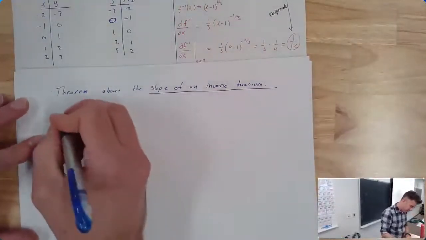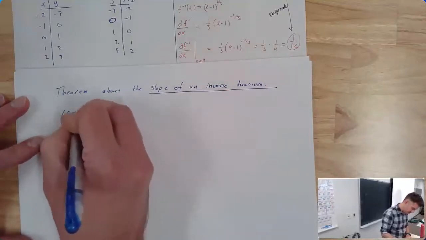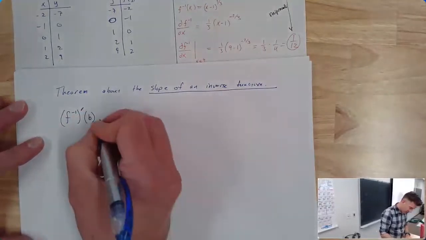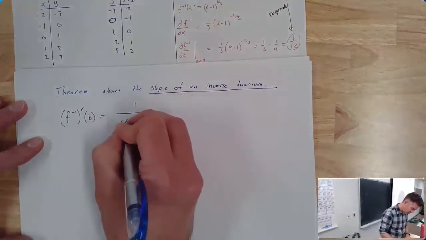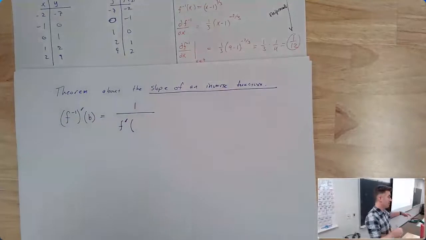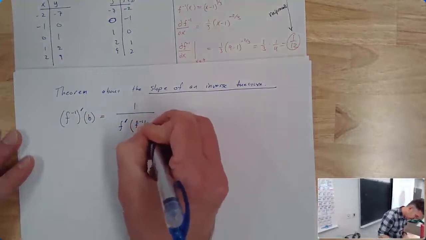So here's the idea. The derivative of f inverse evaluated at some point B is going to equal 1 over the derivative of the original function evaluated at not B, but the corresponding place on the other function. So it's going to be f inverse of B.